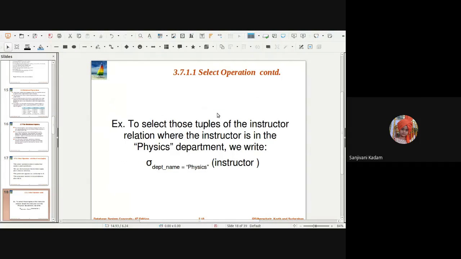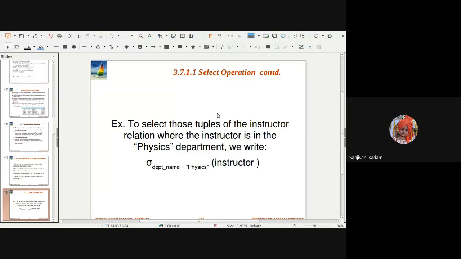Consider that my requirement is to select those tuples of the instructor relation where the instructor is in the physics department. Physics department means that this physics value belongs to the department name.